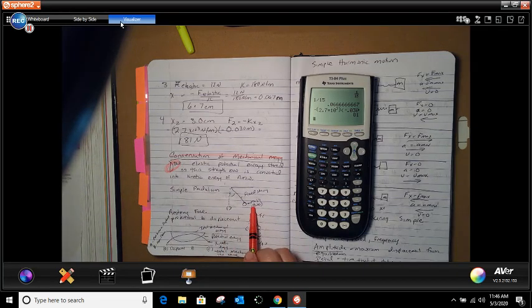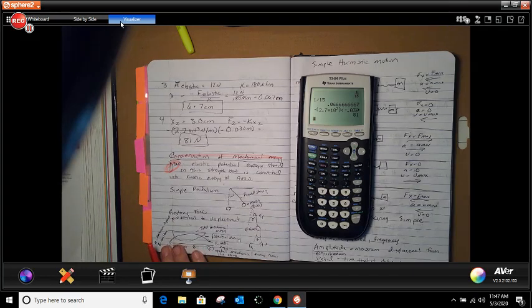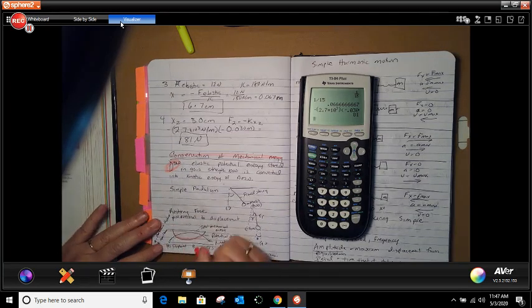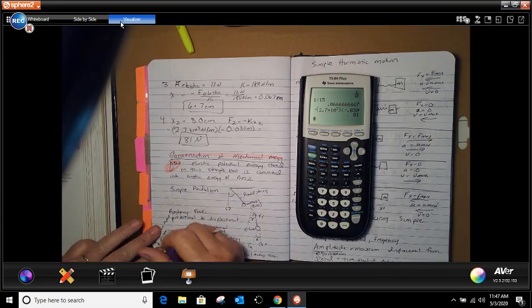It also talked about restoring force, which is proportional to the displacement. Here, the displacement is that angle. Then it talked about the change in mechanical energy in simple harmonic motion. You have potential energy here and your kinetic energy here.